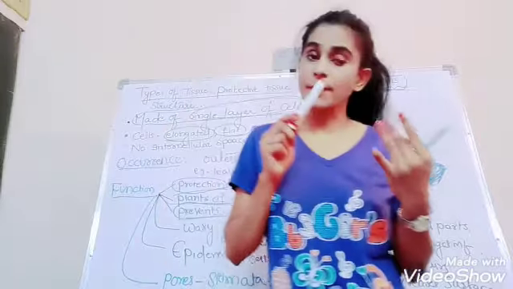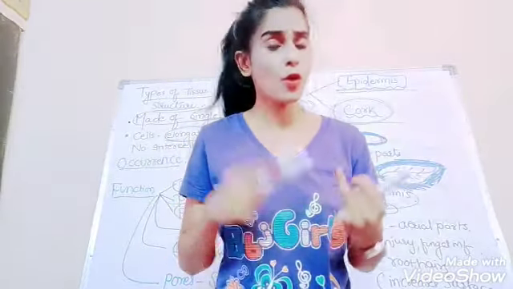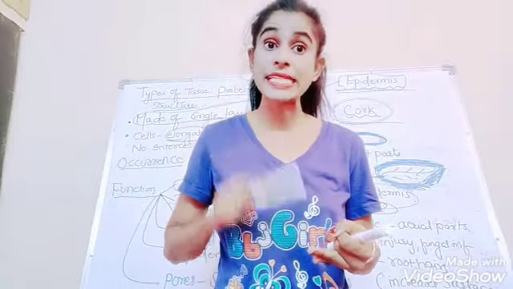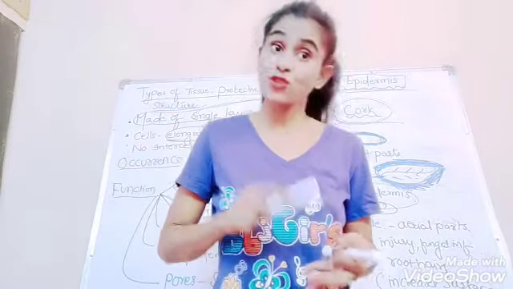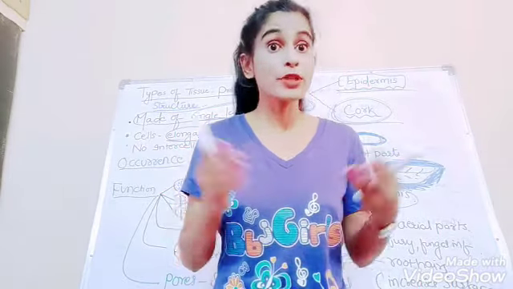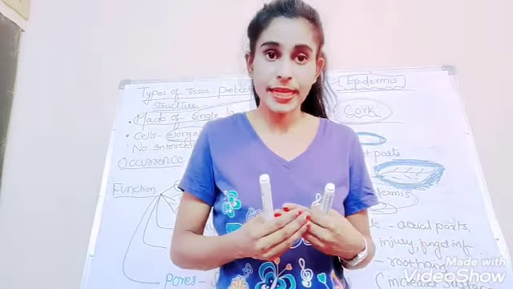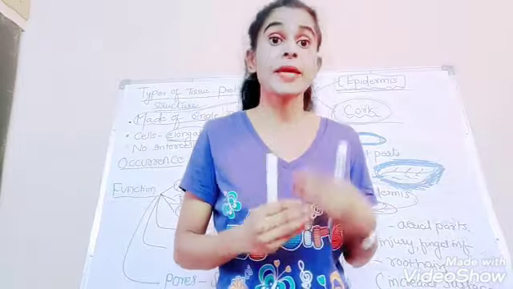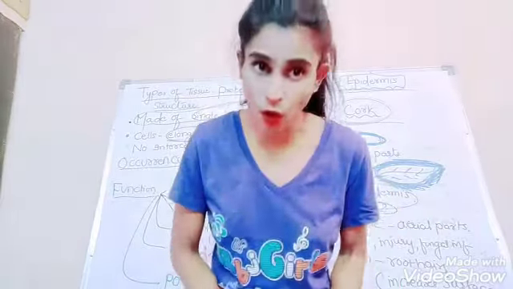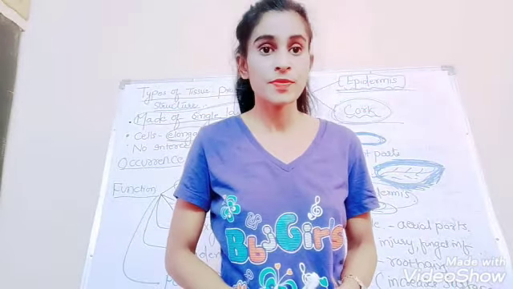So the main function of your epidermis is to provide protection. We all know that. And mostly it works in case of desert habitat plants, dry area plants, in cactus. There is a very thick epidermis layer in stem and leaves to prevent the water loss from the stomata of the leaves, which is called transpiration.